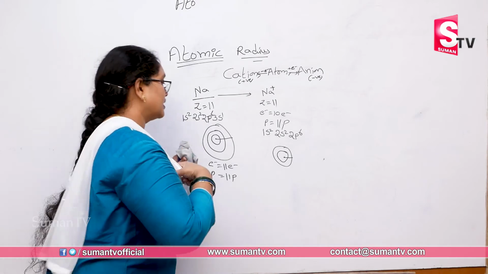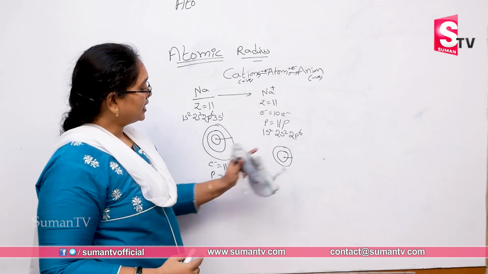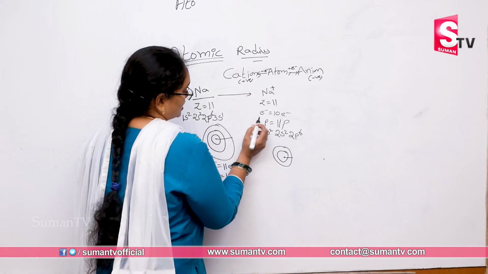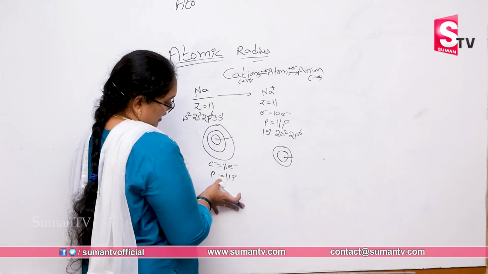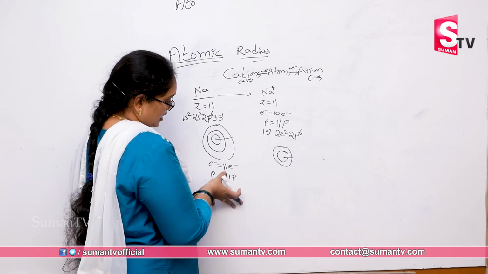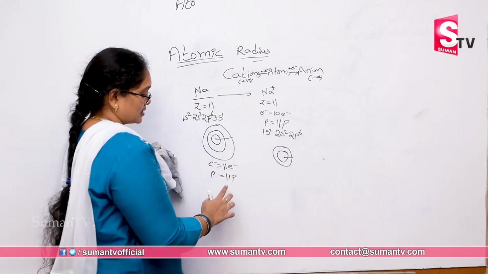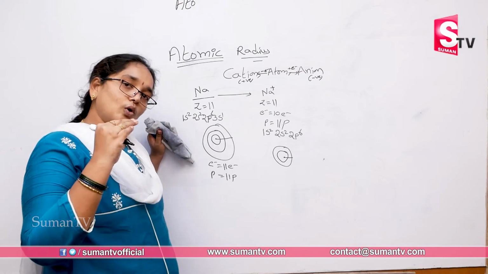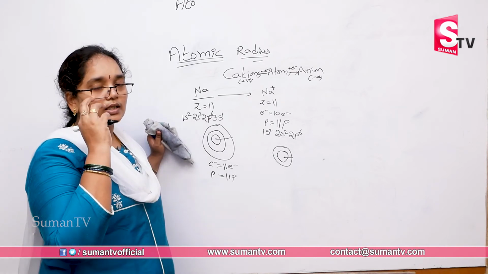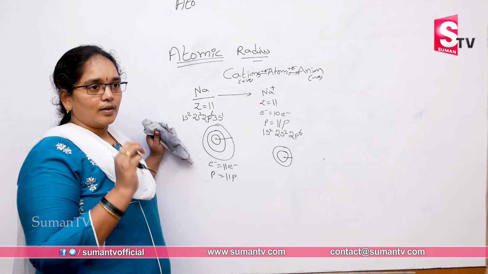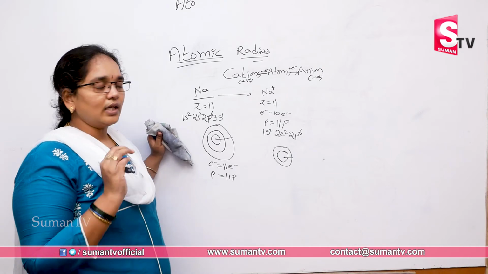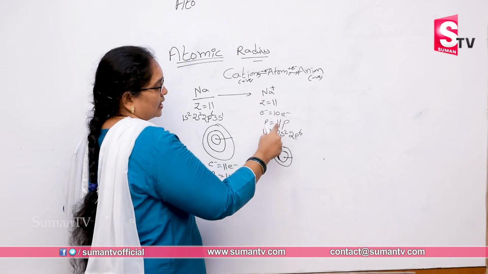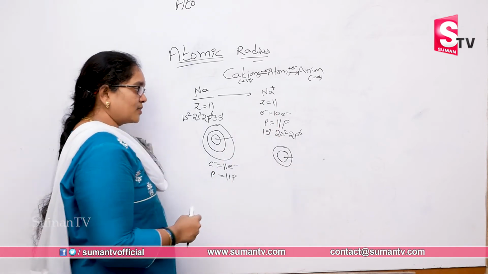Here the shell decreases, but for other atoms too, we have 11 protons holding 11 electrons in the atom, and 11 protons holding 10 electrons in the ion. So 11 protons can hold 10 electrons more strongly than 11 protons holding 11 electrons. Here the nuclear charge is more.